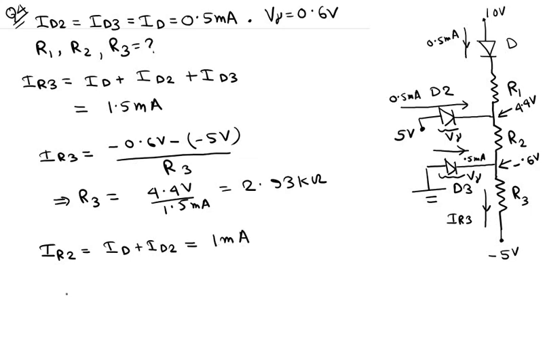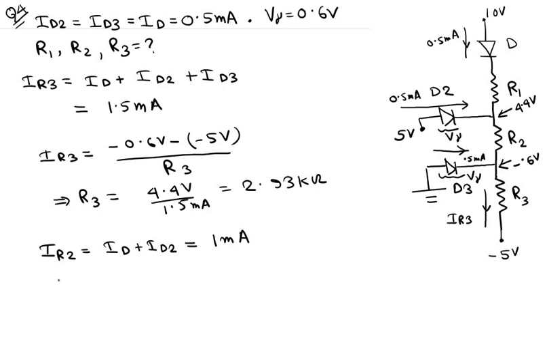So the voltage drop across R2 is basically 4.4 volts minus minus 0.6 volts, the difference between these two.